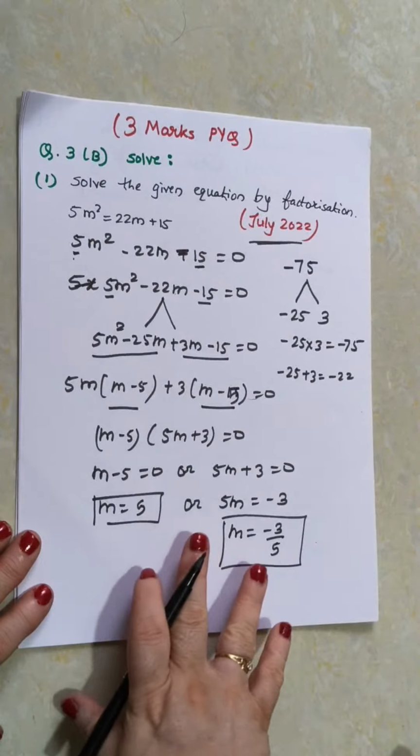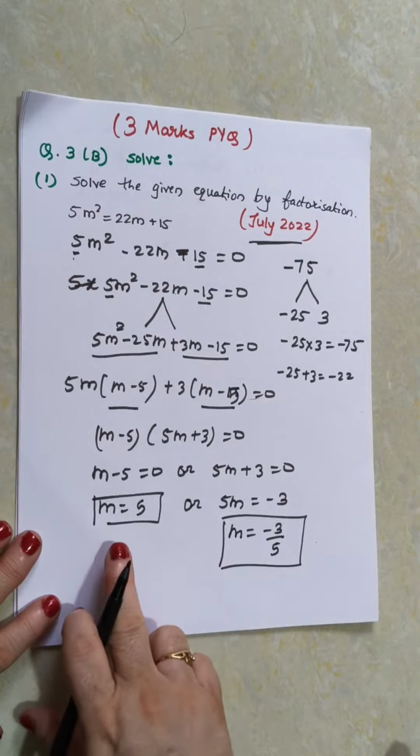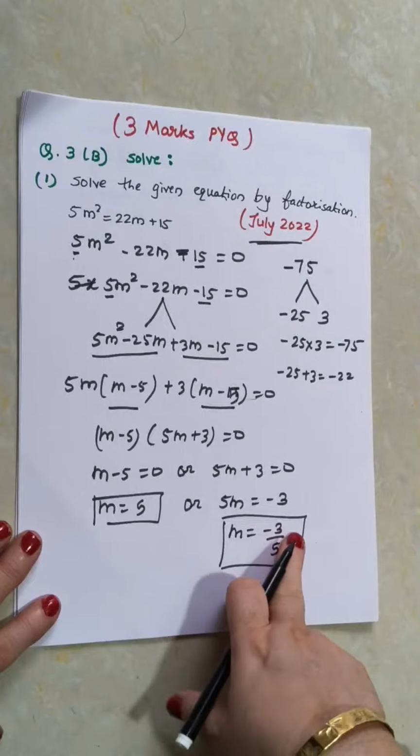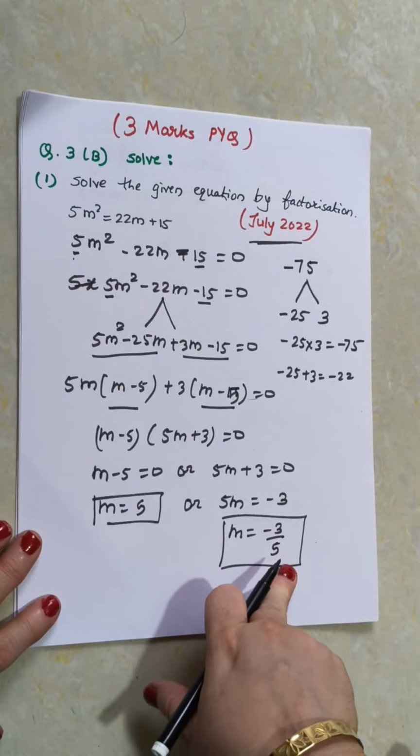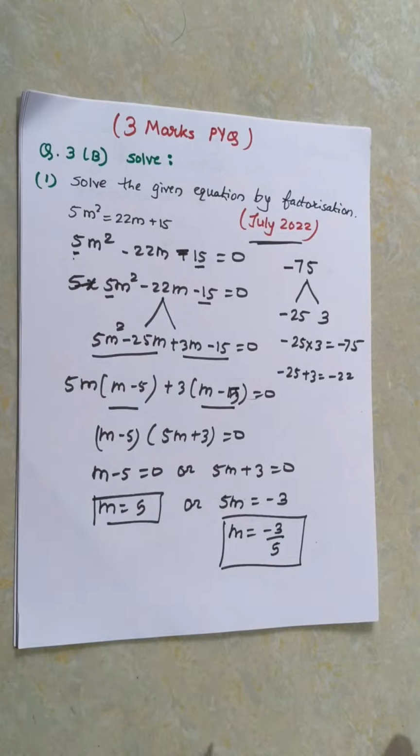So these are the two roots of given quadratic equation, that is m is equals to 5 or m is equals to negative 3 upon 5. By using factorization method, we have found the roots. Did everybody of you understood this sum? Please reply me fast, and if you have any questions, you can even ask me.